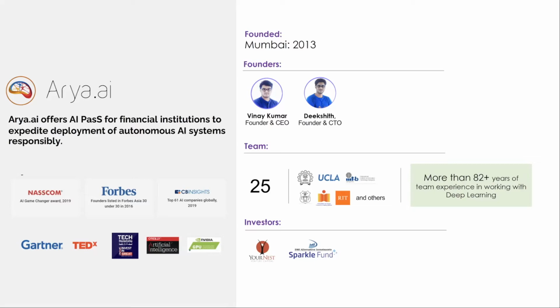Arya started in 2013 from Mumbai. Currently, we are a team of close to 25 people, with 70-80% of the team being researchers who have past experience either from academia or hands-on implementation in the industry. We are also funded by a couple of VC funds, UNS and Sparkle Fund.